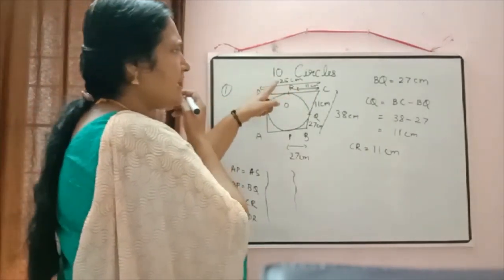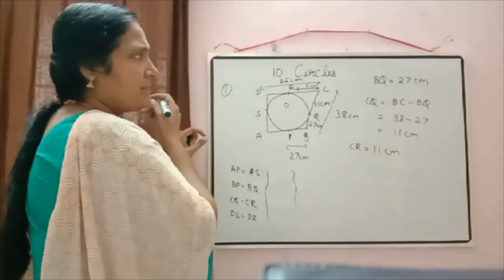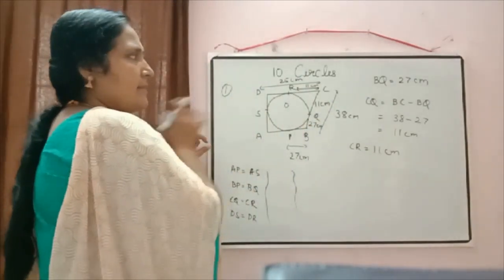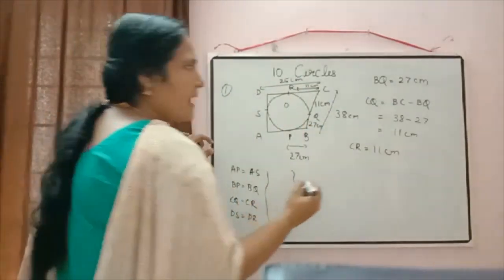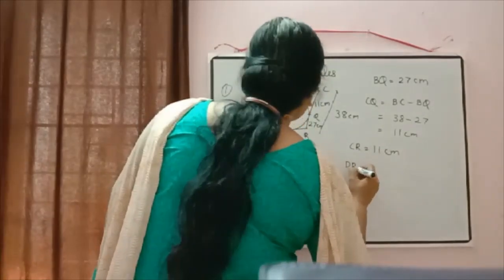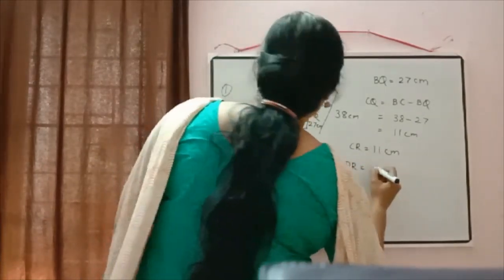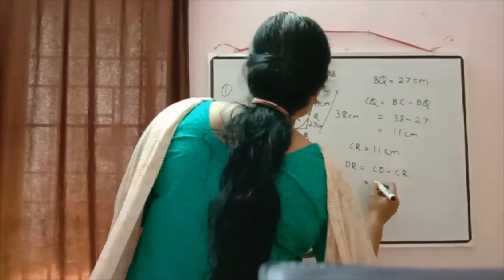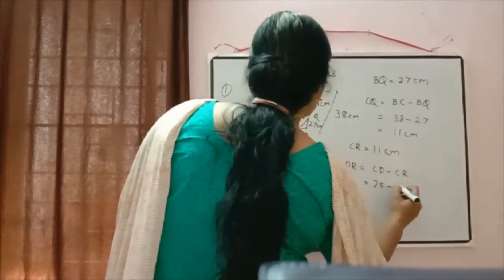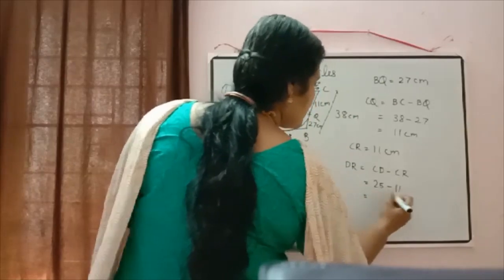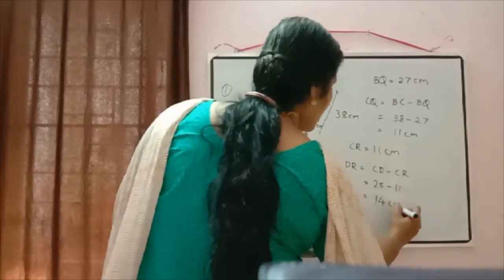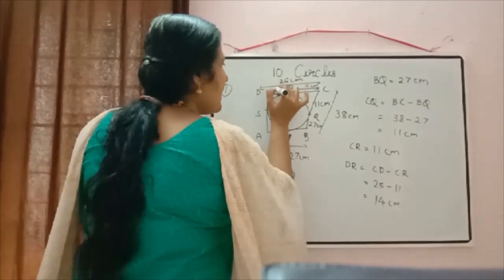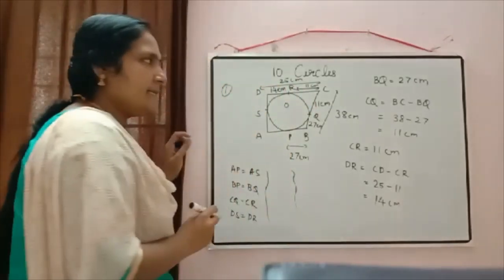We have CD is equal to 25 centimeter and we got CR is equal to 11 centimeter, so we can calculate DR. DR is equal to CD minus CR, which is 25 minus 11, equal to 14 centimeter. So we got DR is equal to 14 centimeter.